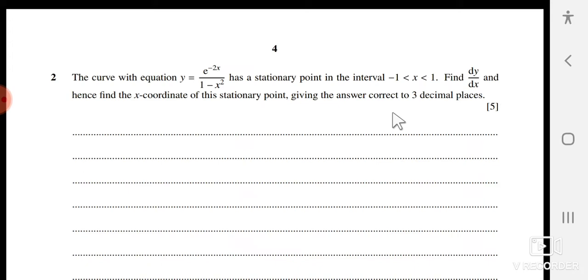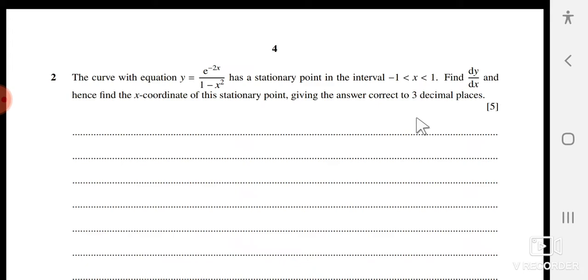Applying this, 1 minus x squared becomes v and e^(-2x) becomes u, and then you use the simple rule for exponentials and for simple polynomials. Applying the quotient rule you will get a simplified form in terms of e^x and e^(-2x) and whatever expressions are given there. Find the x coordinate of this stationary point: put dy/dx equal to 0, get the corresponding value, and give it up to 3 decimal places as it is given in the question.